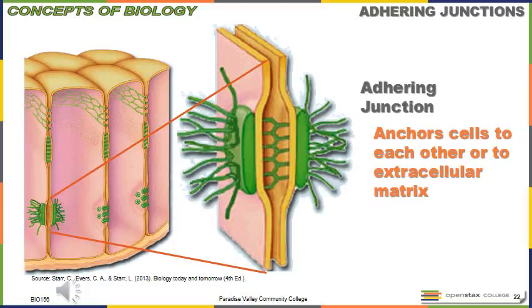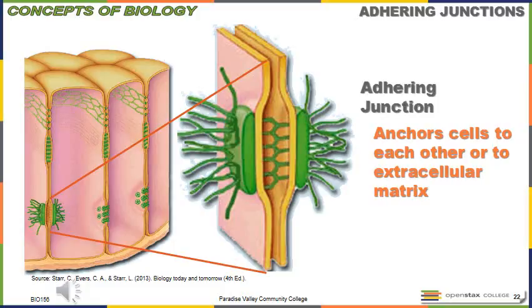Here's another type of adhering junction. These particular ones are anchors that will hold each cell together. It says here, anchors cells to each other or to the extracellular matrix. It's got these finger-like projections.